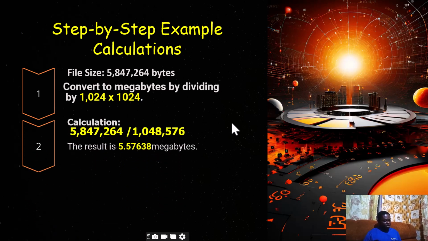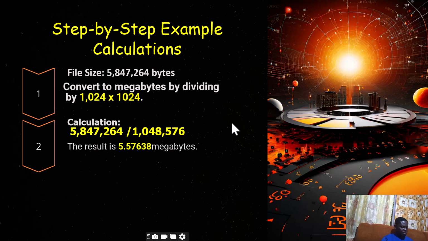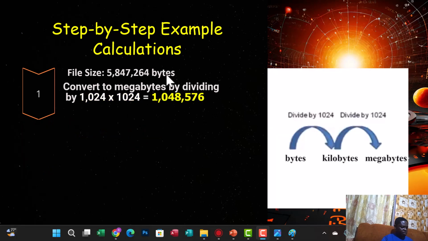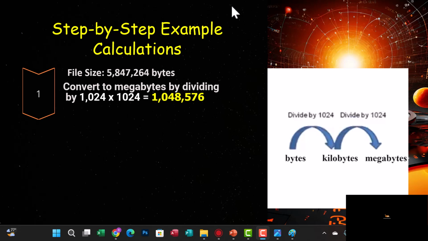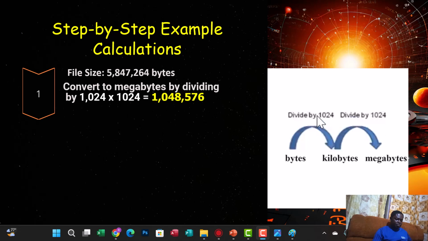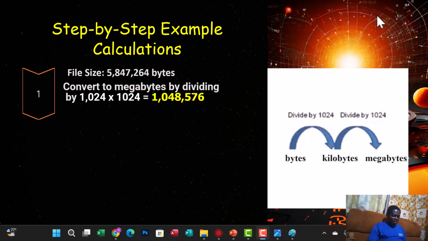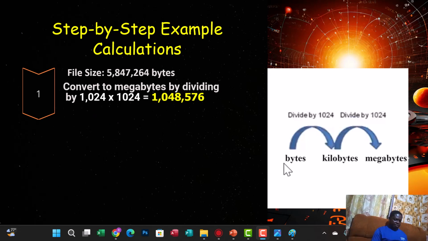In this case, first you convert from byte to kilobyte, then from kilobyte to megabyte, and each conversion stage has 1024.